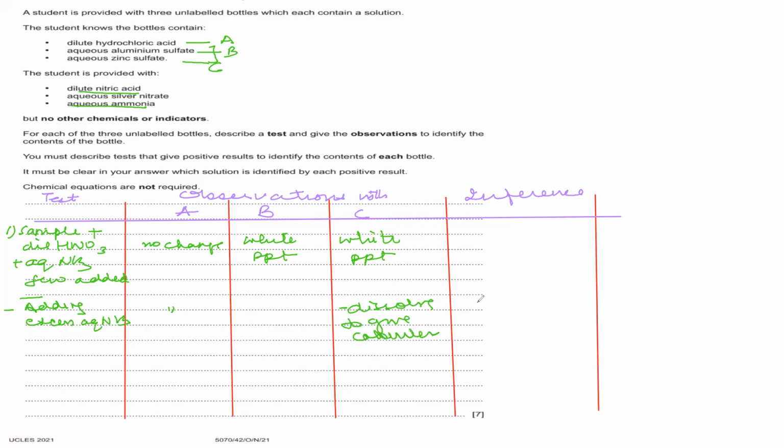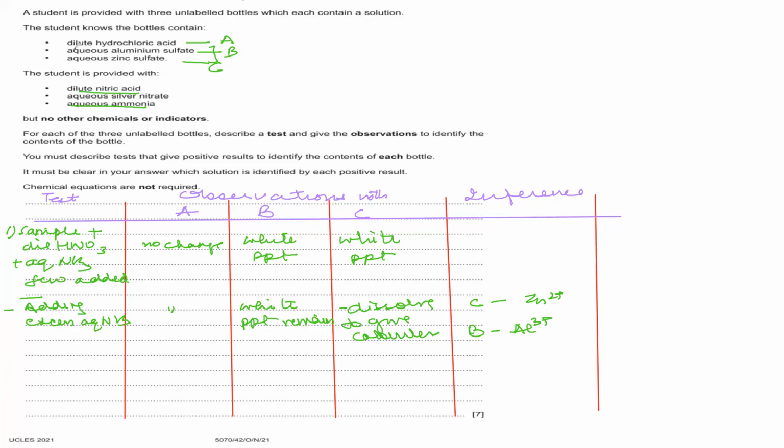If this is the scenario, then we can conclude that C has the zinc ions. And if the white ppt remains even on adding excess aqueous ammonia, then we can make an inference that B has aluminium ions. So here we are able to identify that B is aluminium and C is zinc.